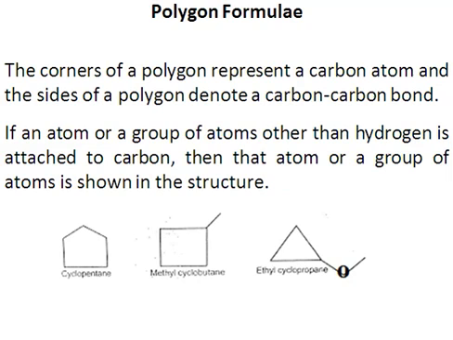The only difference is that polygon formulas are only used for cyclic molecules. If your molecule is not cyclic, you cannot draw a polygon formula. In a polygon formula, the corners of the polygon indicate the presence of a carbon, while a terminal carbon like that one indicates the presence of a methyl group here. We can show the presence of a heteroatom here as well, just like in the case of the bond-line formula.